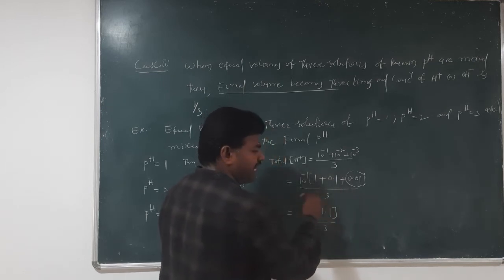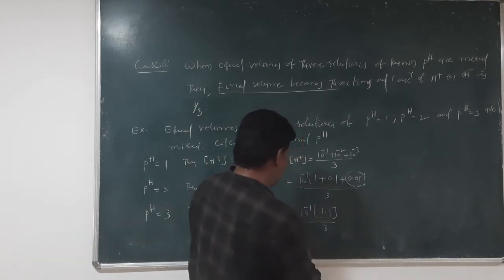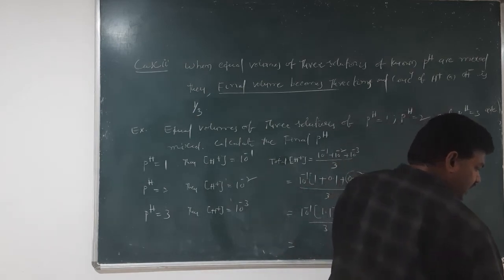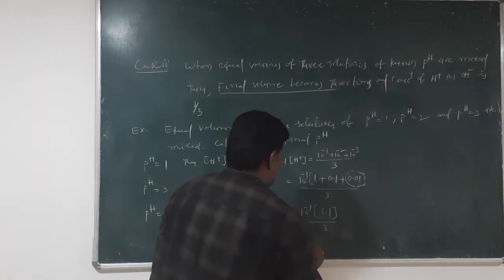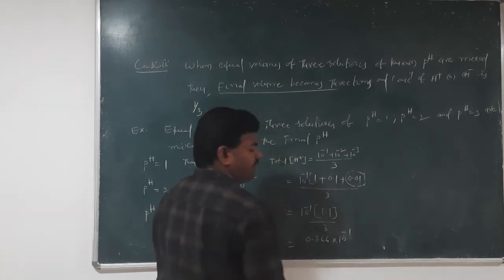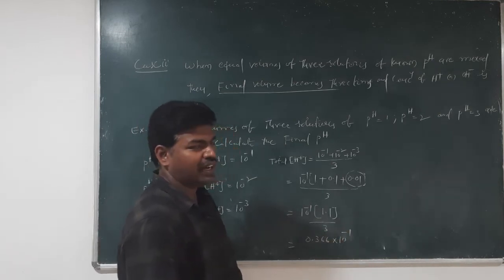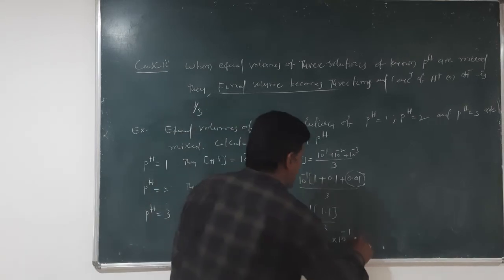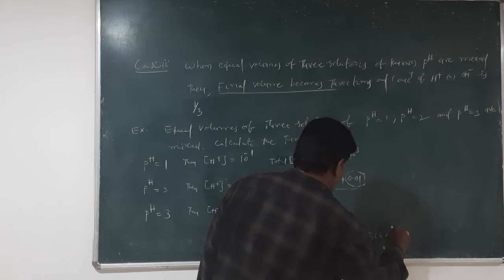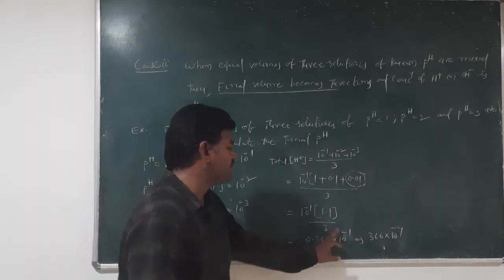So 1.1 divided by 3 is 0.366. So 0.366 into 10 power minus 1, and this we can write as 366 into 10 power minus 4.